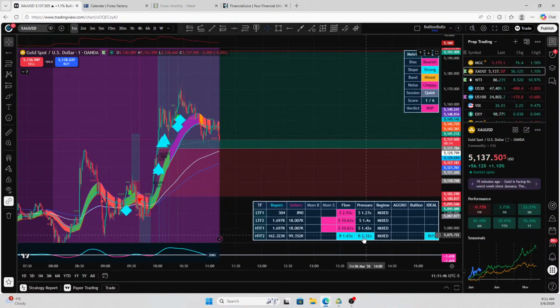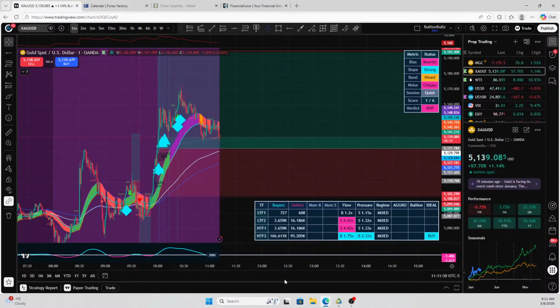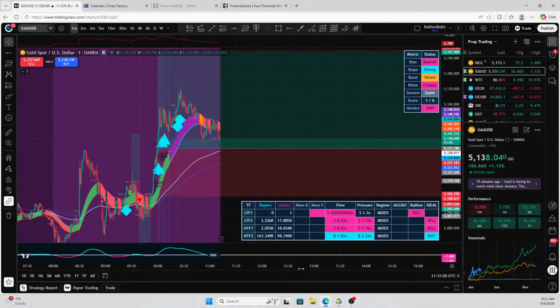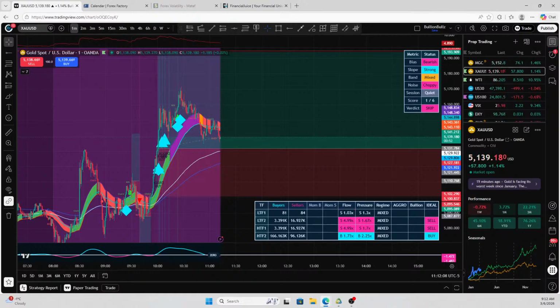So we can see it's at 2.32 right now. $2.25. Yeah, pressure going below 2 is just the first sign to close the trade.